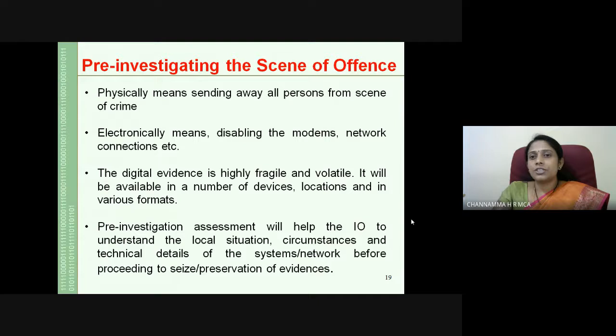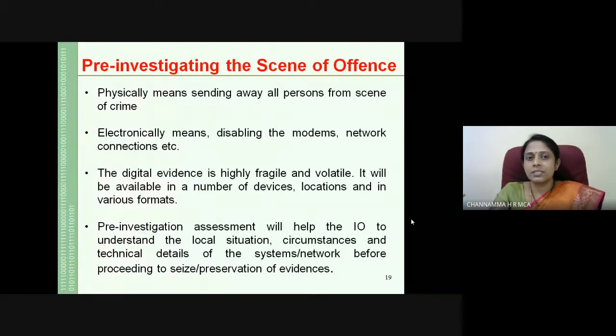Before the investigation starts, pre-investigation is very important. In physical pre-investigation of the scene of offense, it is nothing but sending away all persons from the scene of crime.